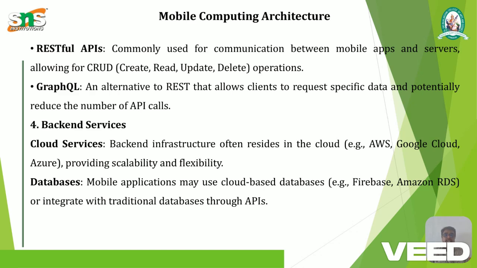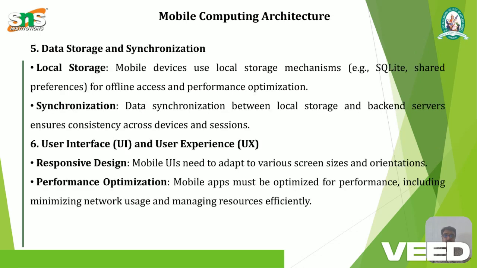And next one is GraphQL, which is an alternative for REST. For backend services we'll be using cloud services like AWS, Google Cloud, and Azure. And for databases we'll be using Firebase or Amazon RDS. So these all will help us to work with various applications.